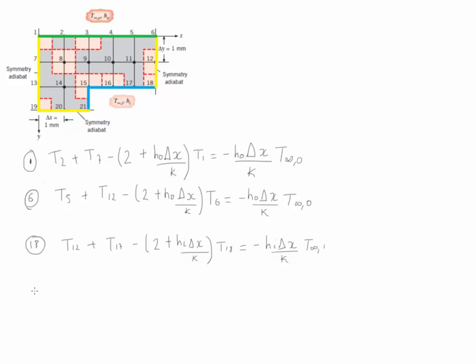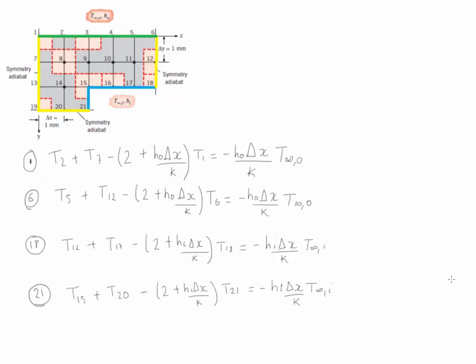We do the same process for node 21, and we find the nodes that are surrounding it are 15 and 20. So we write T15 plus T20 minus 2 plus hi delta x over k times T21, equal to minus hi delta x over k times T infinity i.